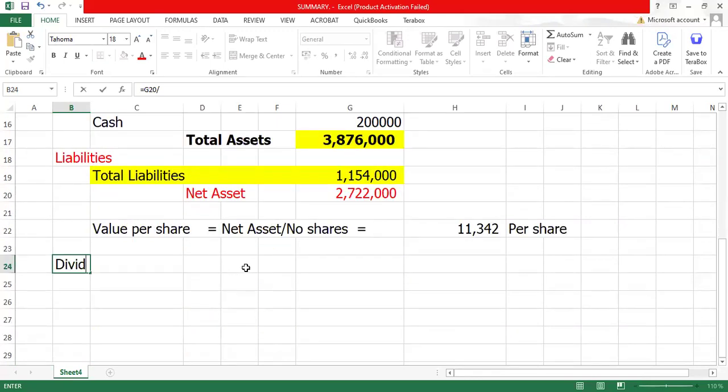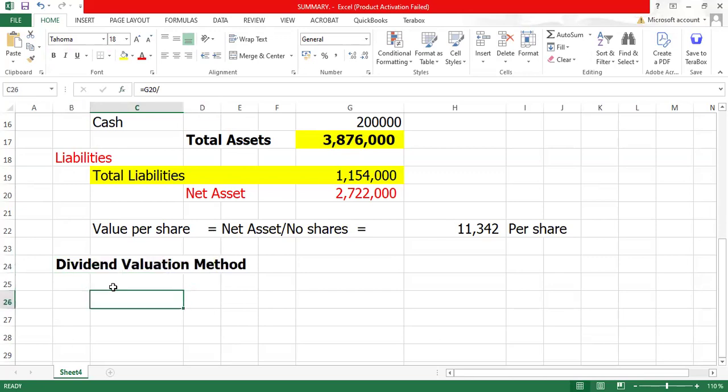So next is using the dividend valuation method. And with the dividend valuation method, what do you need?